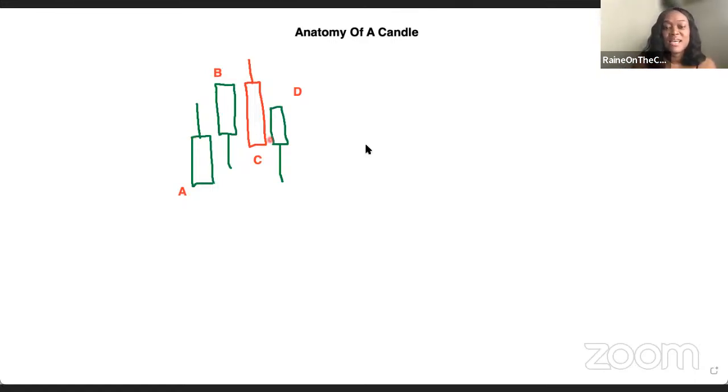So if this is a 1 hour chart, we know it took an hour for all of this to happen. In that hour, price opens at the bottom and it traveled all the way up, but at 60 minutes, it closed right here.